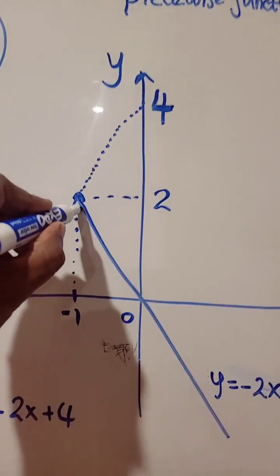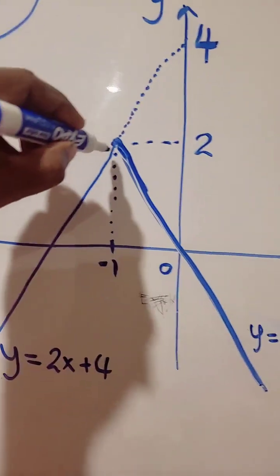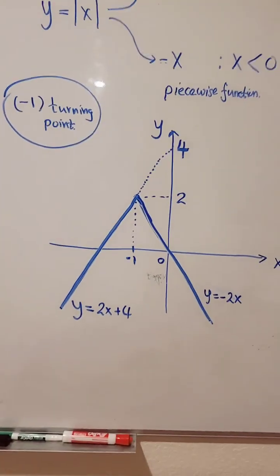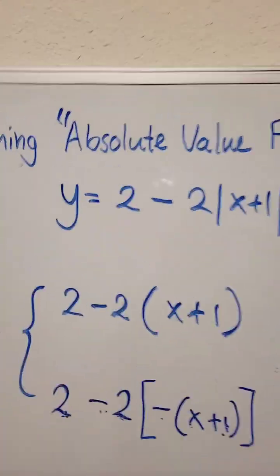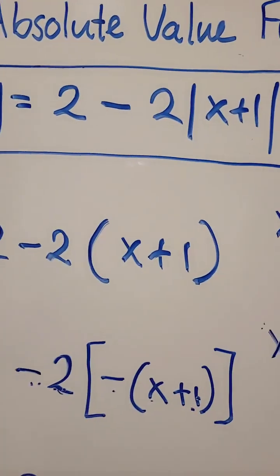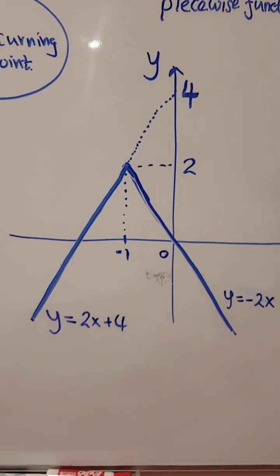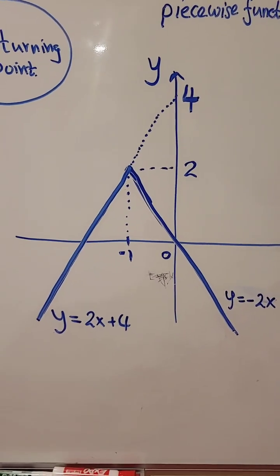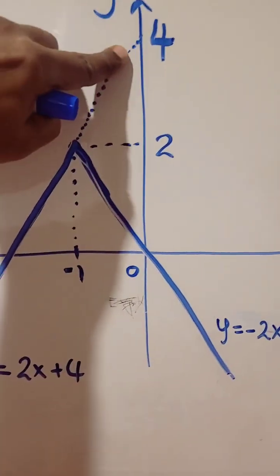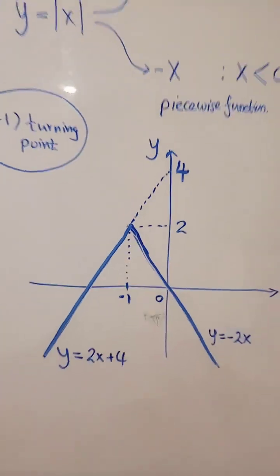And this is the final graph for that absolute value function. That's the answer, guys. So the graph for this absolute value function is this one and that one. That's how you do it. And be mindful, each piece is going to be a straight line.